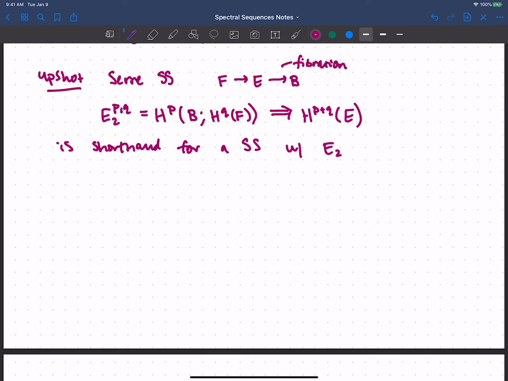where we know what the E2 page is. And we tell someone, yep, you can go and put in all those (p,q) bidegrees by just computing these cohomologies.